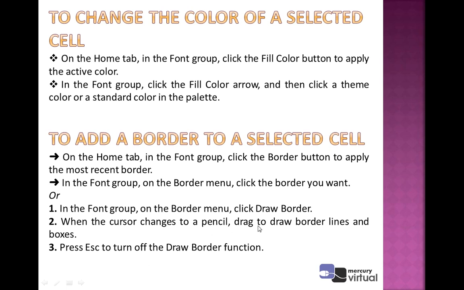When the cursor changes to a pencil, drag to draw border lines and boxes. Whenever the cursor turns into the pencil, you can draw the border, and when you are done, press the Escape key and the draw border pencil option will turn off automatically.